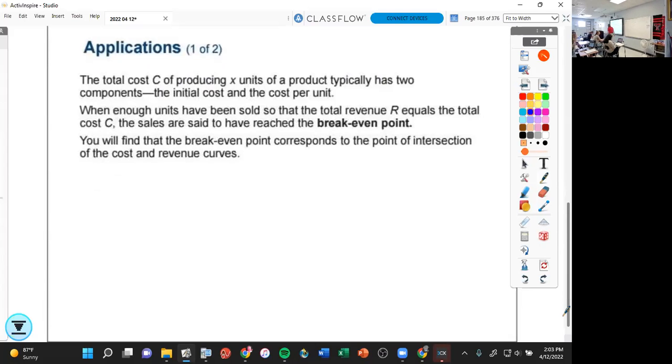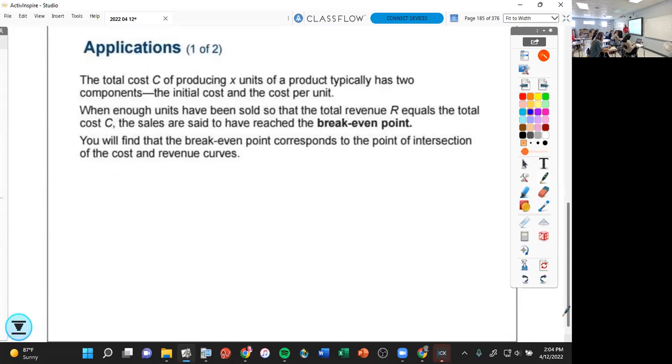The total cost of producing x units of a product has 2 components: initial cost and cost per unit. When enough units have been sold, the revenue equals the cost, and you've reached your break-even point. If you're running a company, break-even means you made no money. It also means you didn't lose any money.